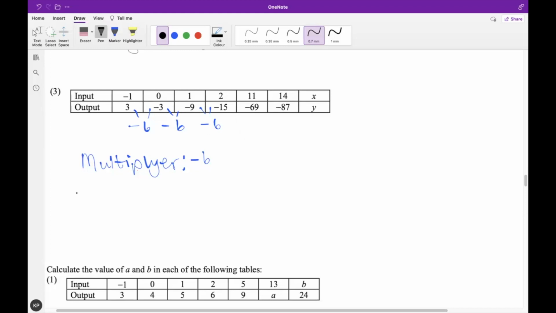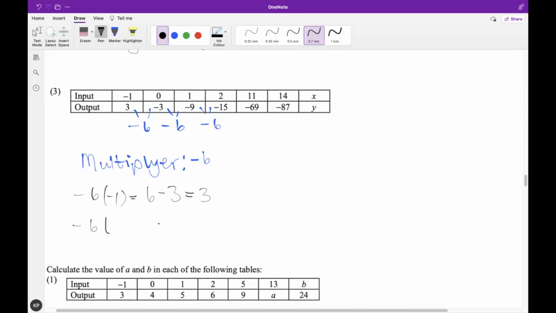All right, so negative 6. If you check it with the first one, negative 6 times negative 1. What's negative 6 times negative 1? Nice, Andile and Seth. That is positive 6, but then I have to subtract 3 to get to where I want, which is 3. Okay, remember, you check it more than once. Otherwise, it doesn't work.